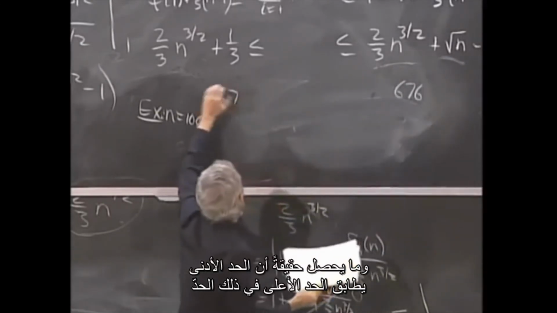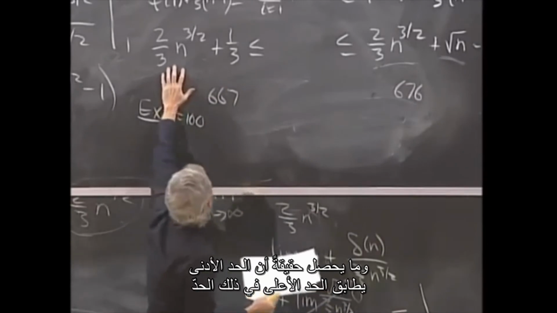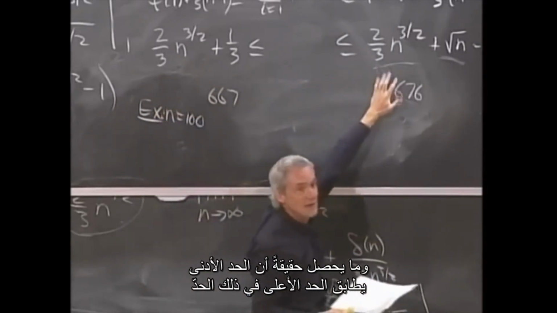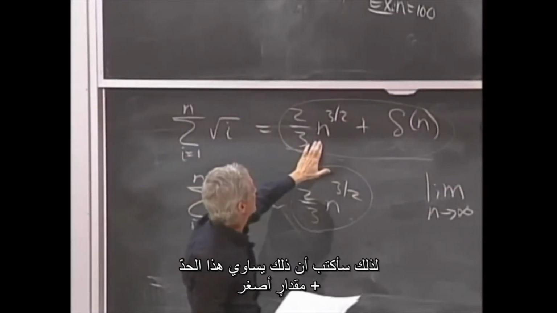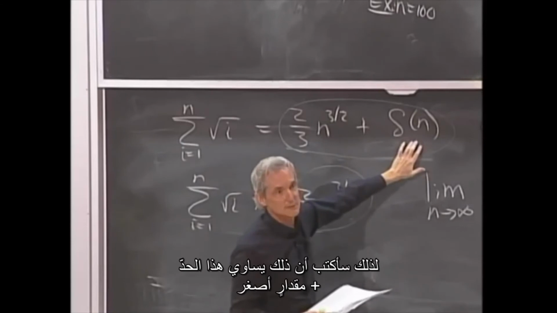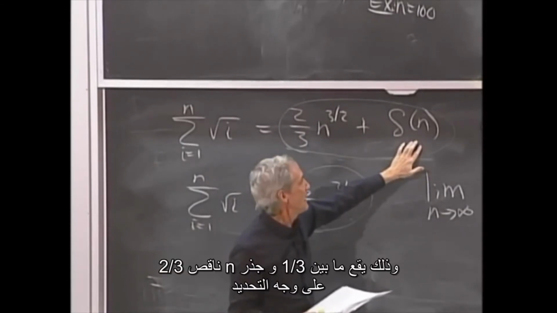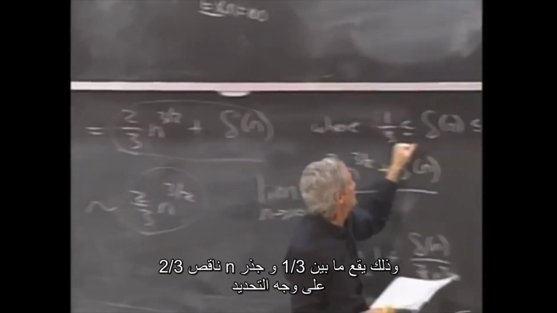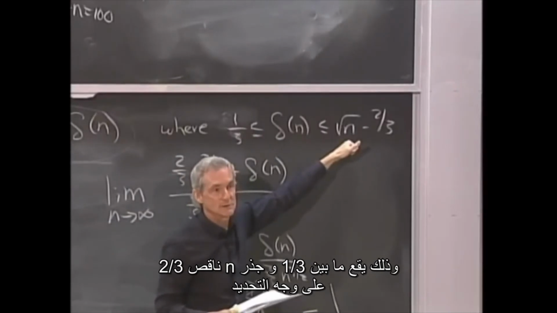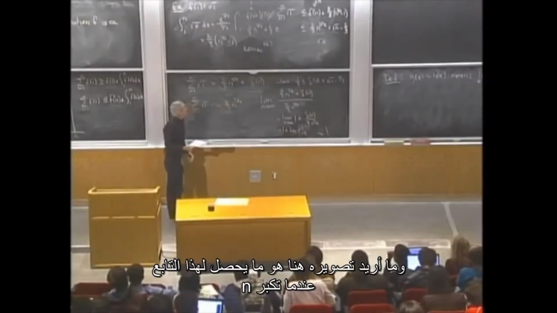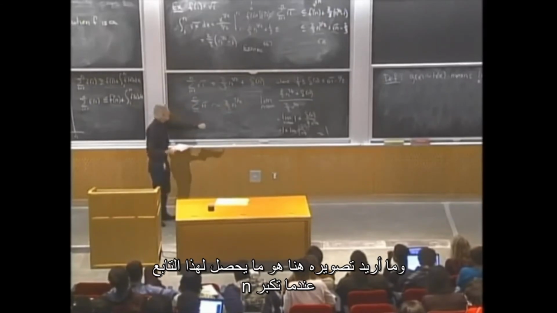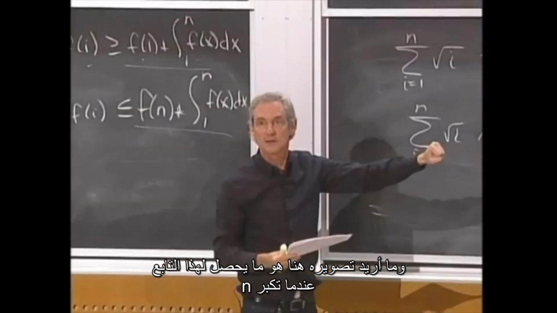All right, what's really happening, and the nice thing is they match. The lower bound and the upper bound match on that term. So what I do is I write it equals this term plus something that's smaller. And in particular, it's between 1/3 and square root of n minus 2/3. All right? So what I'm trying to capture here is just the guts of what's happening to this function as n grows.